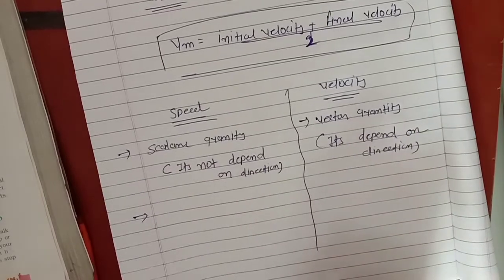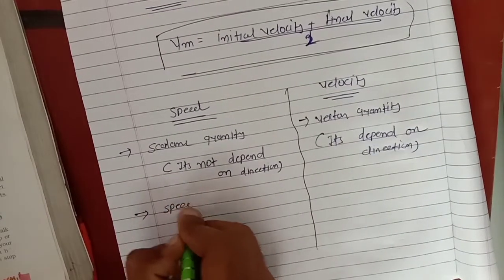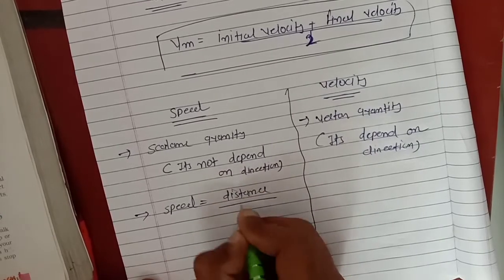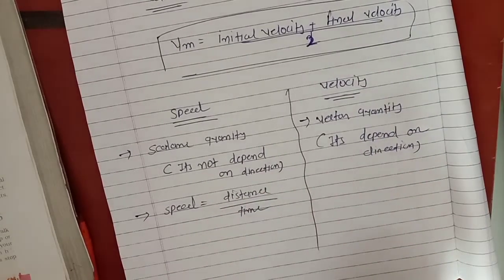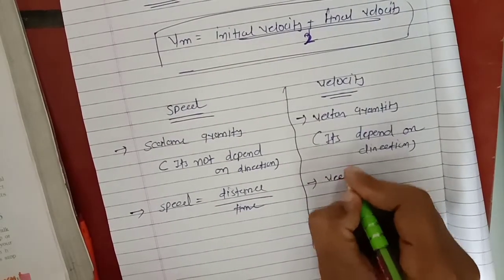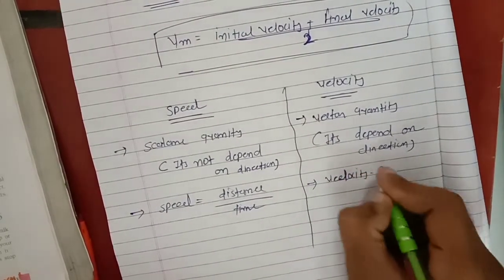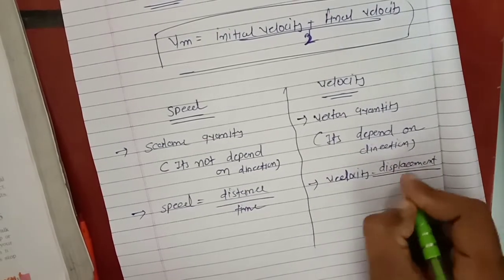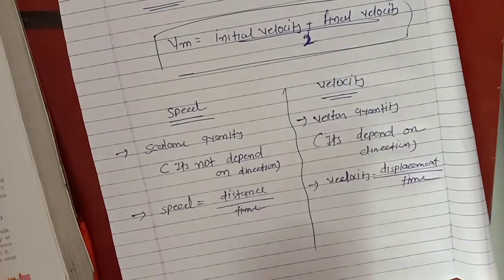Now second one, what is the formula of speed? Equal to what? Distance upon time. And what is the formula of velocity? Velocity is equal to what? Displacement upon time.